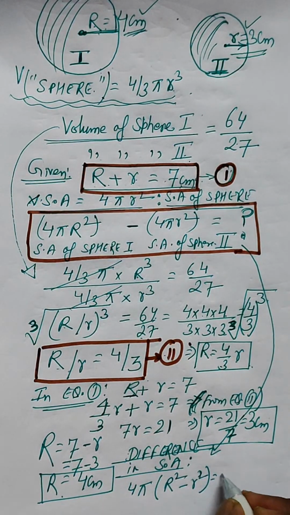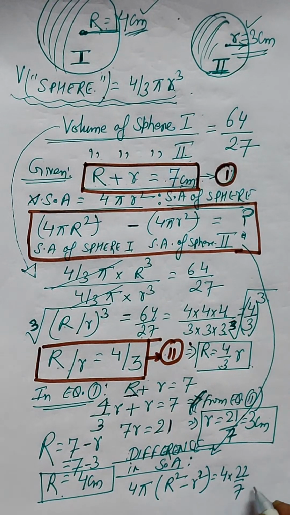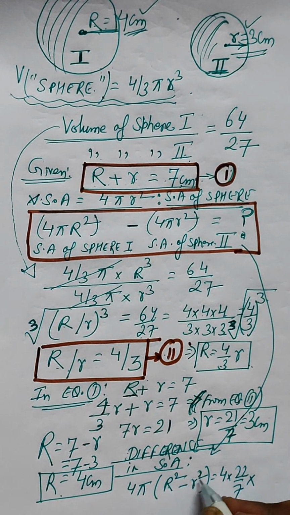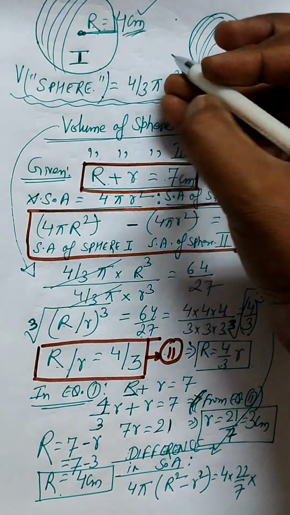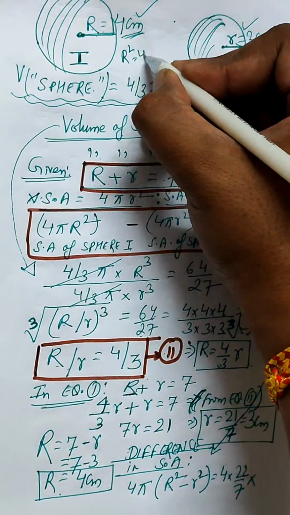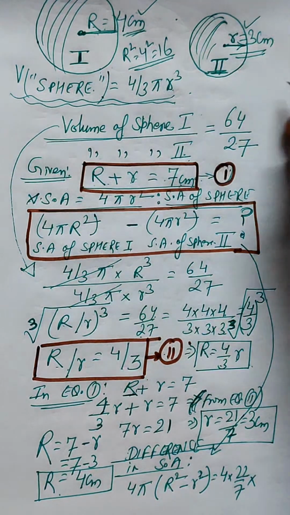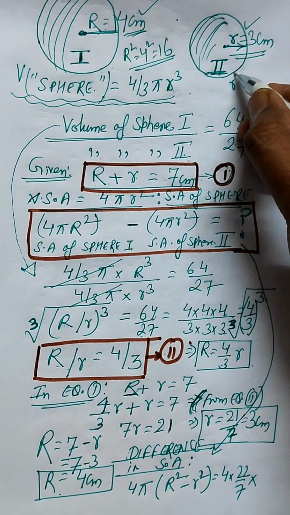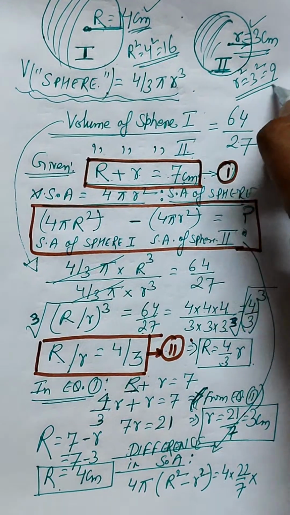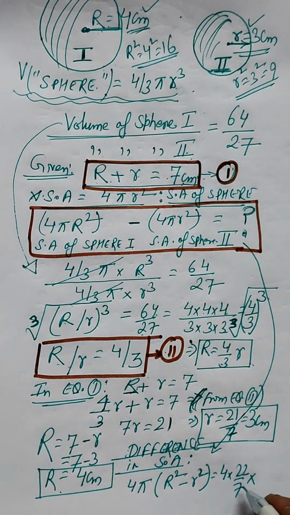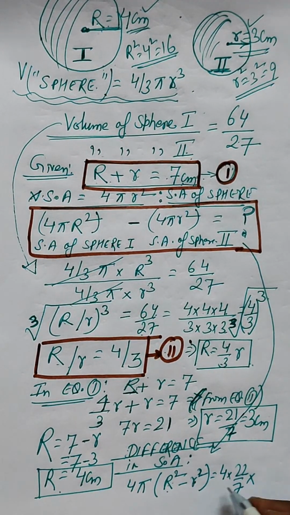So it can be written as 4 into 22 by 7 into R square minus small r square. What is capital R? It's 4. So 4 square is equal to 16, and small r square is 3 square, equal to 9. So 16 minus 9 is 7.